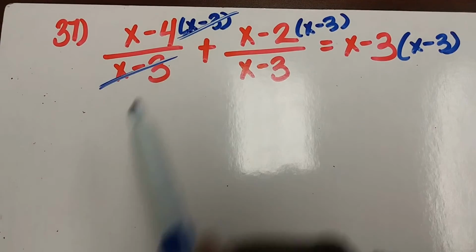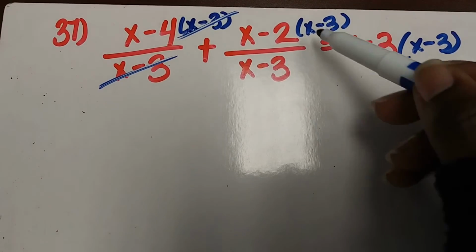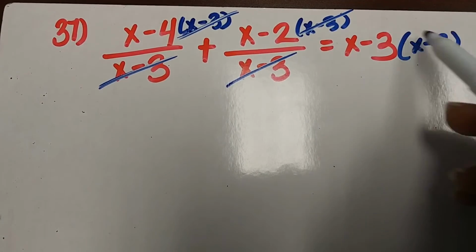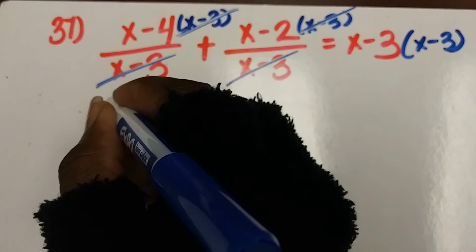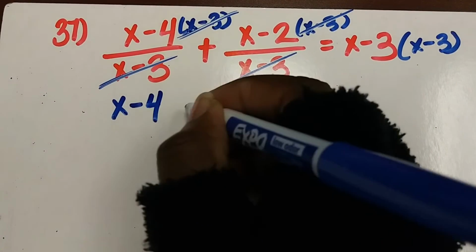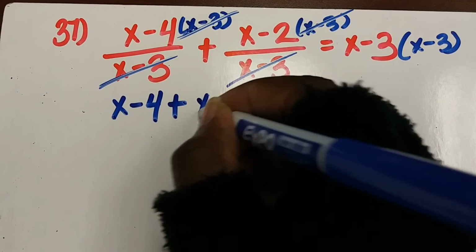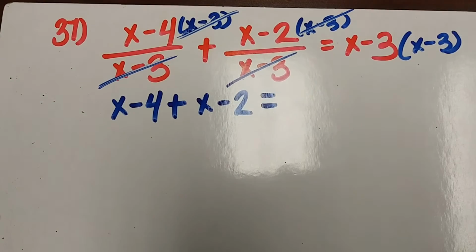X minus 3 over x minus 3 cancel out to 1. It does again. I have nothing to cancel here. It has to be 1 in the numerator and 1 in the denominator for me to cancel things out. Write down what's remaining. X minus 4 plus x minus 2 equal, I do have to FOIL.